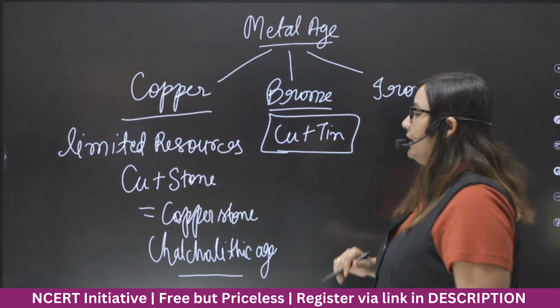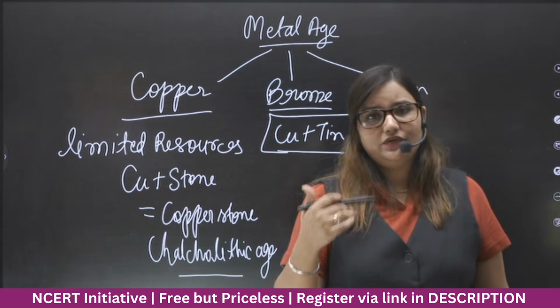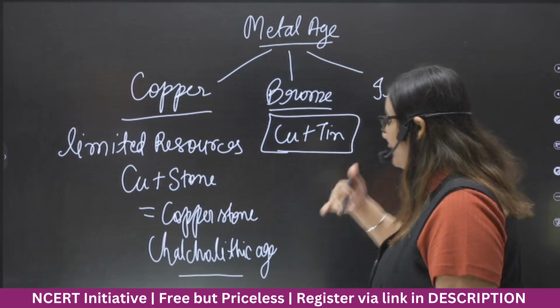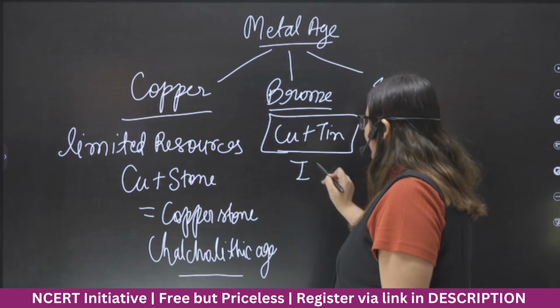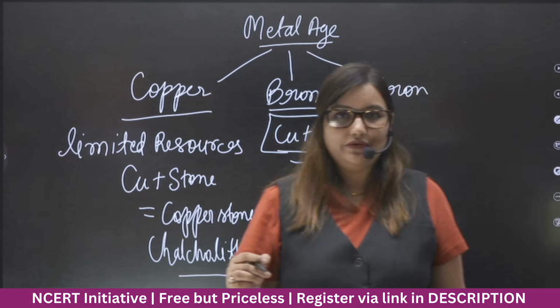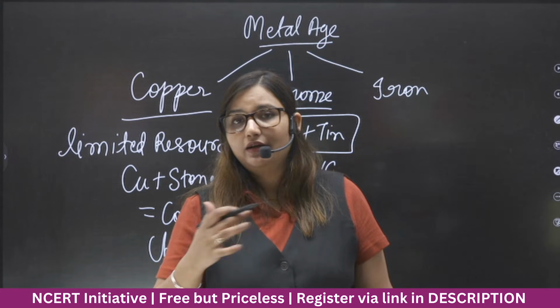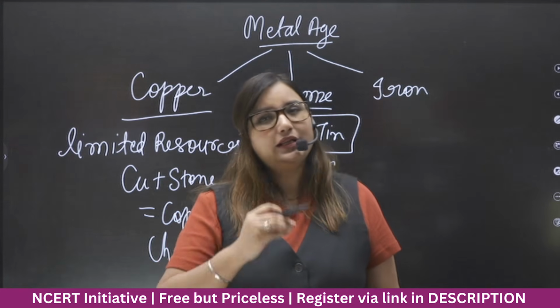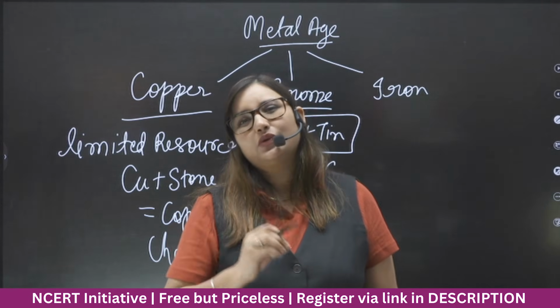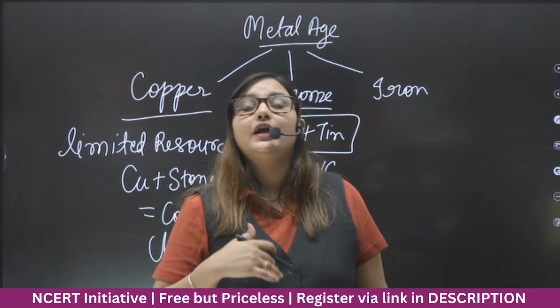When you mix copper and tin, you get bronze. Fine. Now, with bronze, the growth of the Indus Valley civilization started because it was a better metal. So in IVC, you will see people having good understanding. They were peace loving people. They used to make jewelry, many artifacts, different things. So they had silver also, gold also, copper also. They had bronze also, but they had no iron.